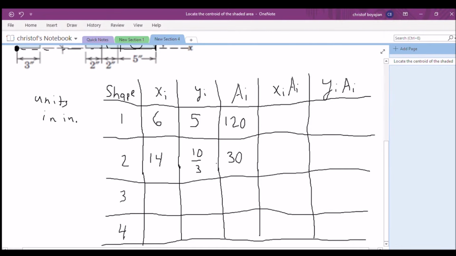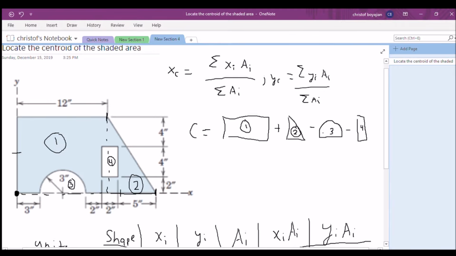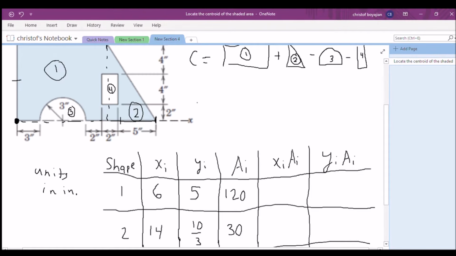All right, now let's go ahead and do our third shape, which is the semicircular piece. Now remember, for a semicircle, let's say that this is our axis right here. We put our axis like this. The x-axis is along the diameter of the semicircle. The x coordinate of the centroid is just going to be the radius of that.